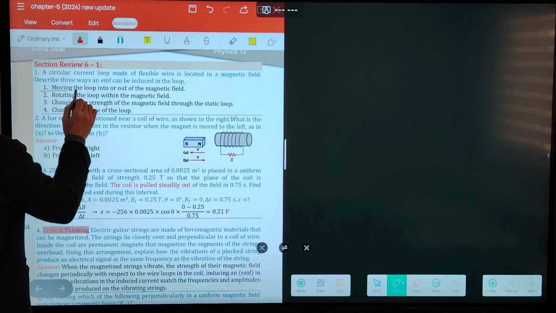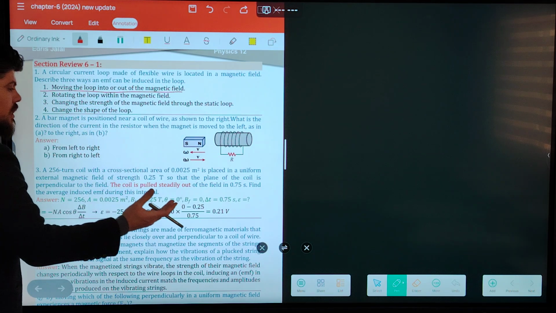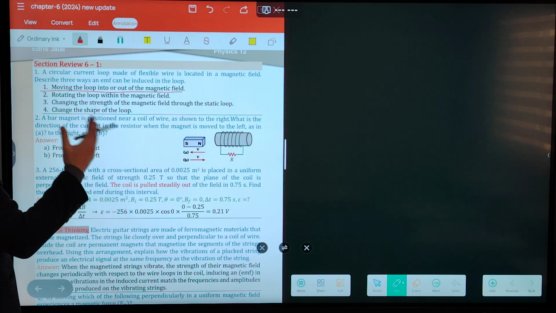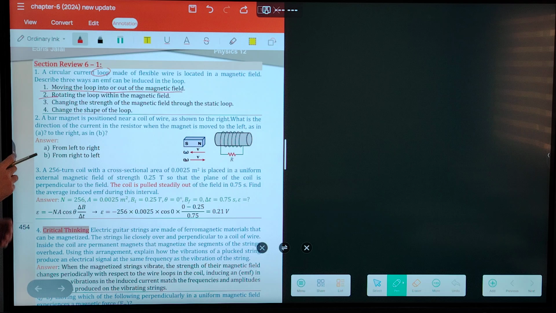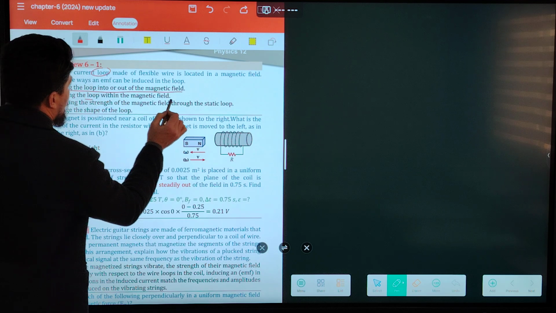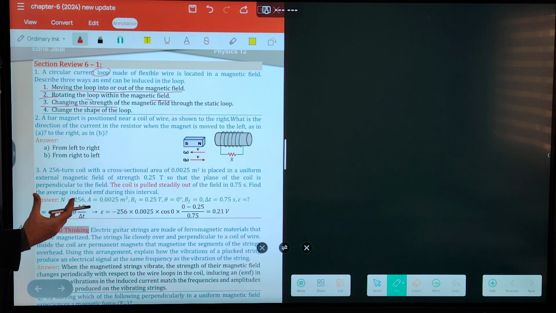The first way, moving the loop into or out of the magnetic field. By moving in or out of the magnetic field, we can induce current in the loop. The second way, make the wire into a coil and rotate the loop in the magnetic field. The third way, changing the strength of the magnetic field.